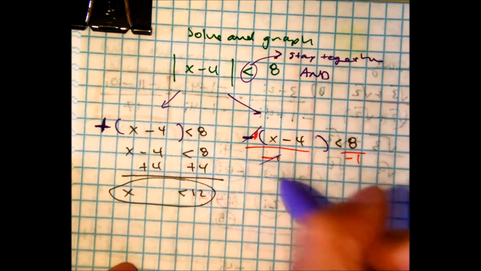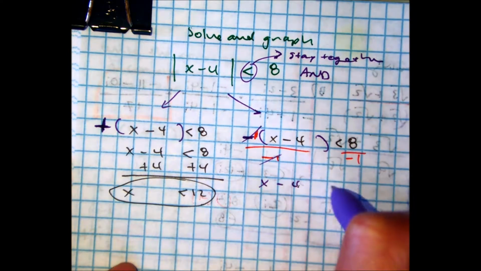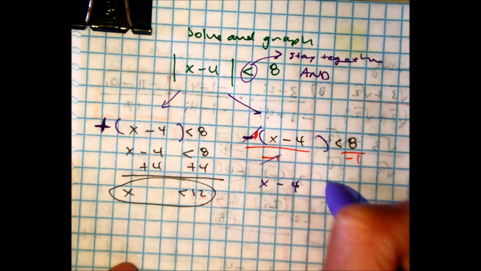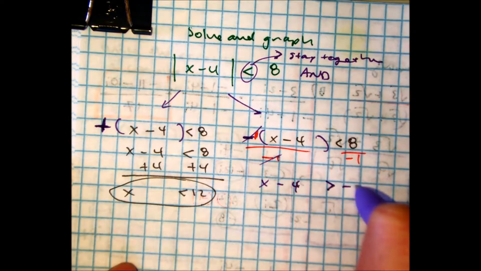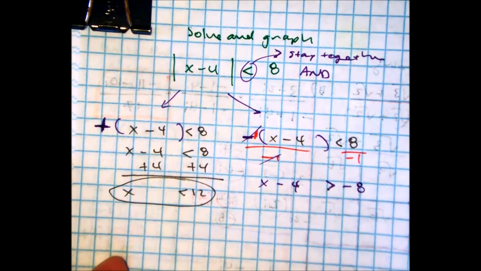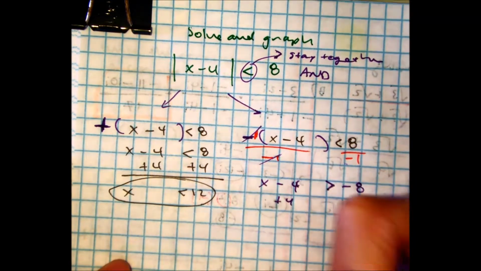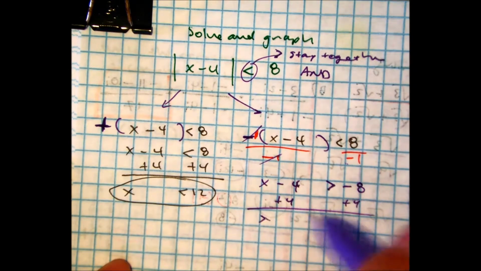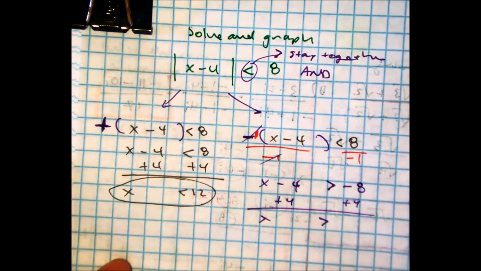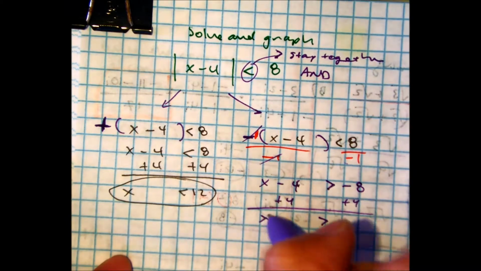So those will cancel, you're left with x minus 4 greater than -8. If divided by a negative number, you should be flipping the inequality sign. Add 4. X is greater than -4.